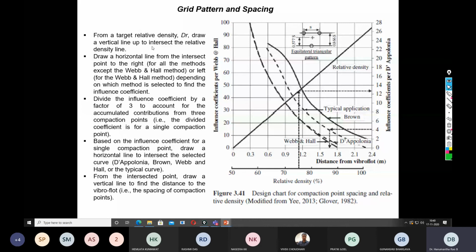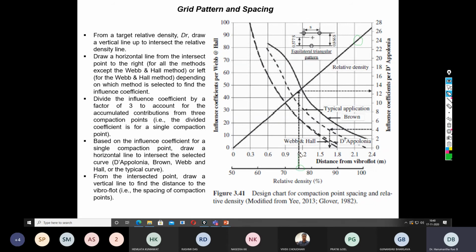Let us see. From a target relative density Dr, draw a vertical line up to intersect the relative density line. This diagonal line is the relative density line. Depending upon our performance requirement, we have a target relative density. Say for example, 75% is the target relative density.